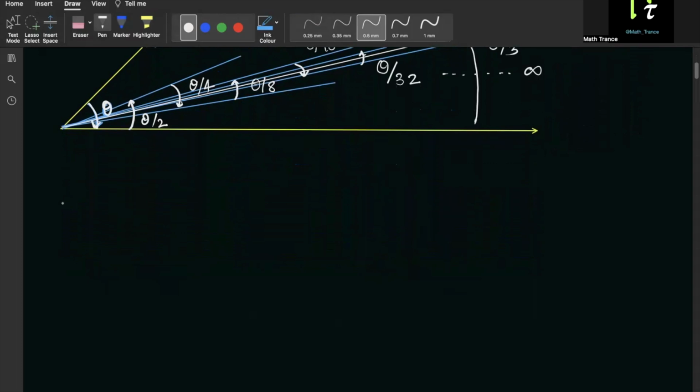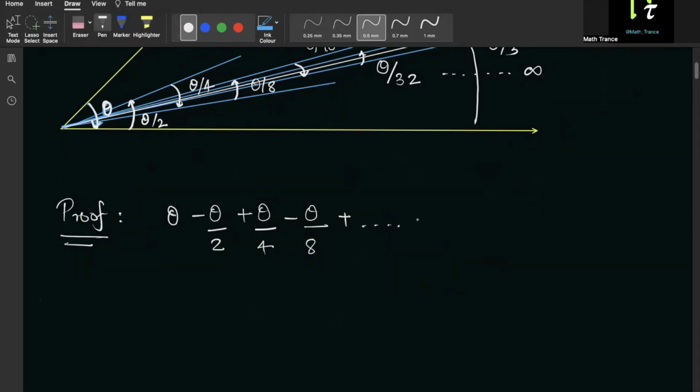Proof. We started with theta, right? Then we subtracted theta by 2 from it, right? Then I added theta by 4 to it. Then I subtracted theta by 8 from it.